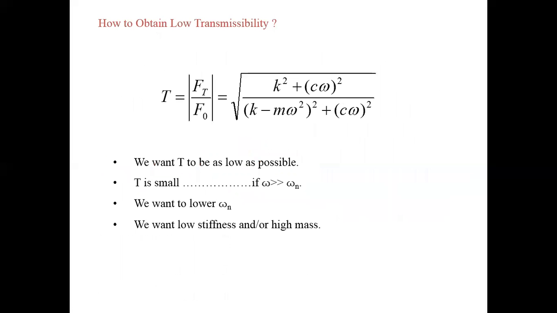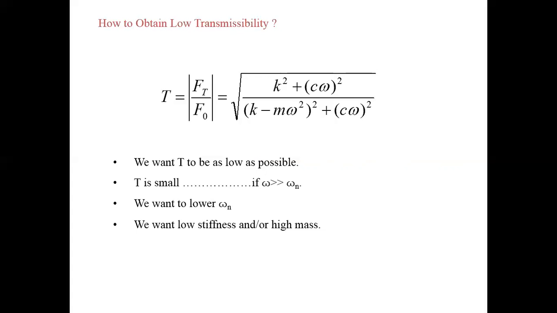Right? How to obtain low transmissibility? Means if the transmissibility is less, then vibration of the system is less. If the force transmitted, or transmissibility of the system, is more, then the vibration produced in the system is more, right?